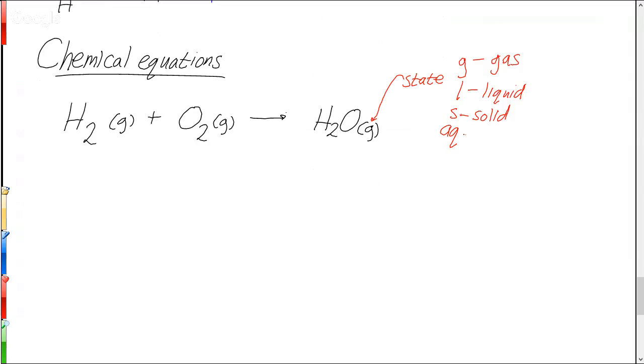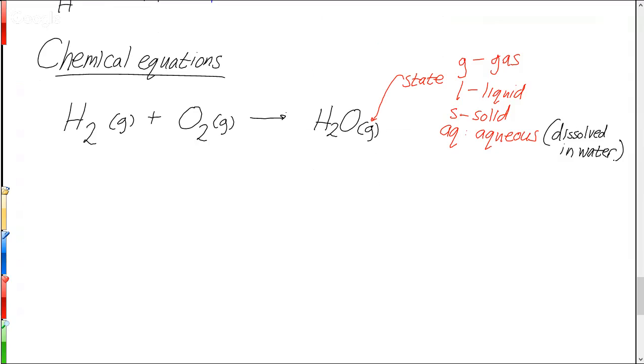That's AQ, and that stands for aqueous, which means dissolved in water. We'll see that sometimes. So like when you have a solution of some chemical that you're mixing with something else, that's called an aqueous reagent.